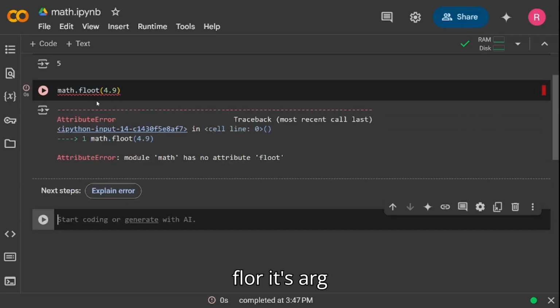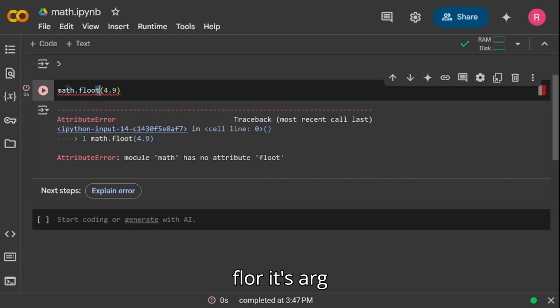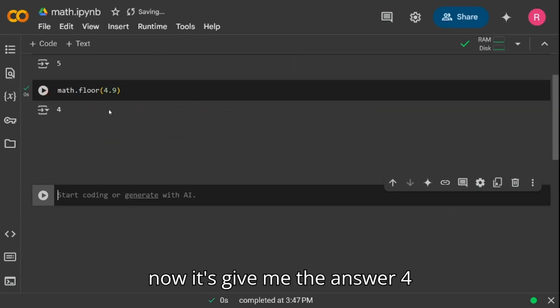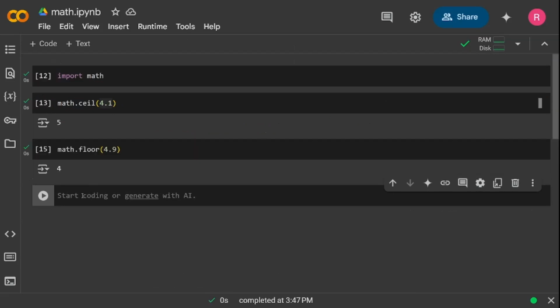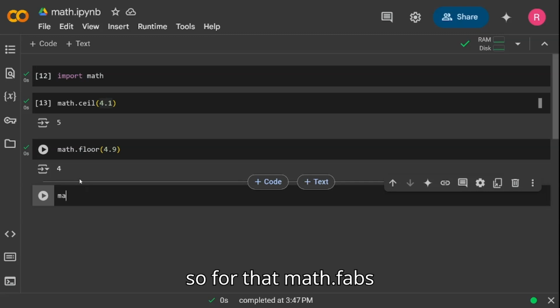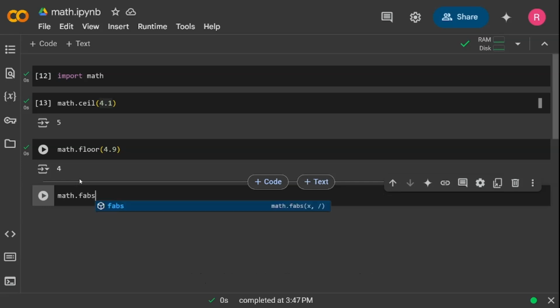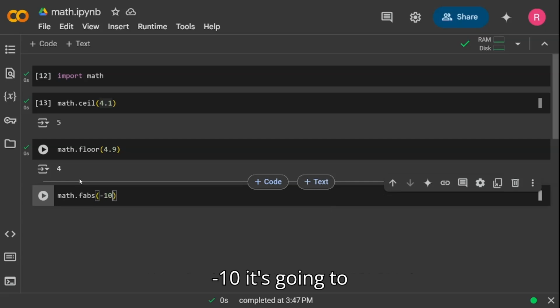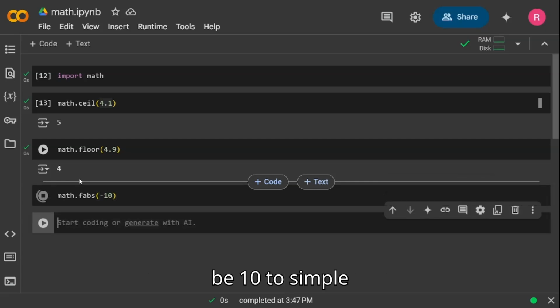F-L-O-O-R, it's R, not T. Now it's giving me the answer 4. Now I need an absolute value. For that, math dot fabs, and I need the absolute value of minus 10. So it gives me 10.